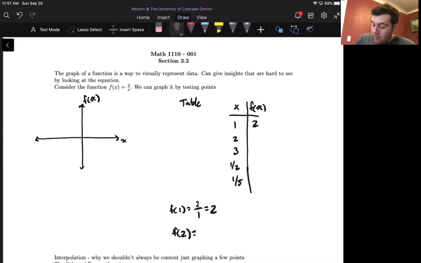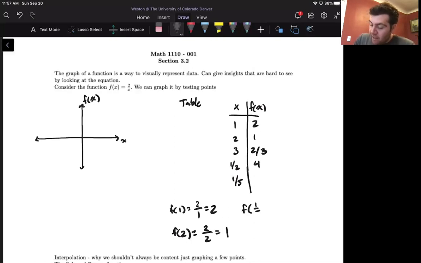F of 2 is 2 over, where we see an x, we put a 2. 2 over 2 equals 1. And I'll let you work out the details for 3 and 1/2. And you should find that you get 2/3 and 4.